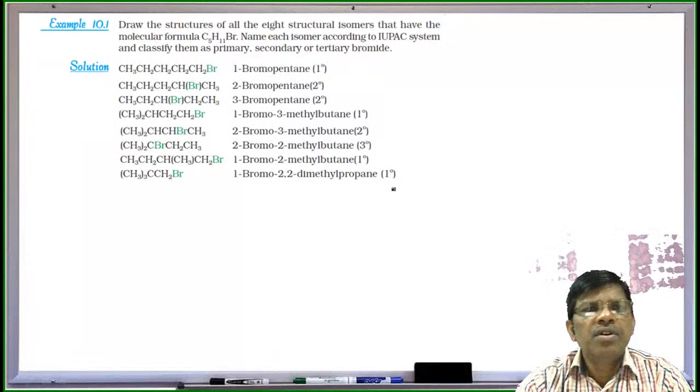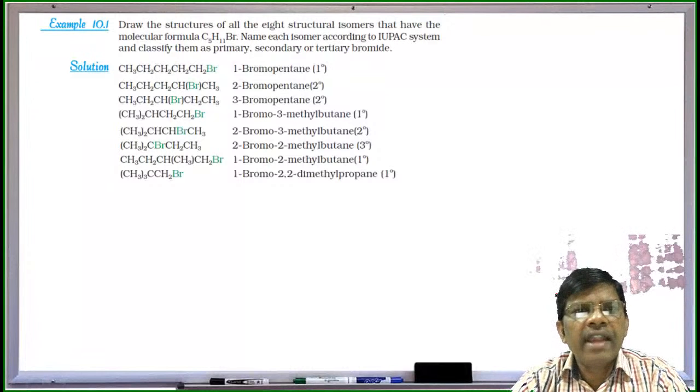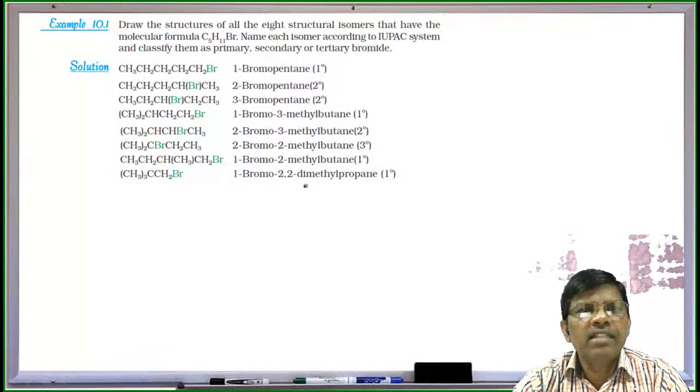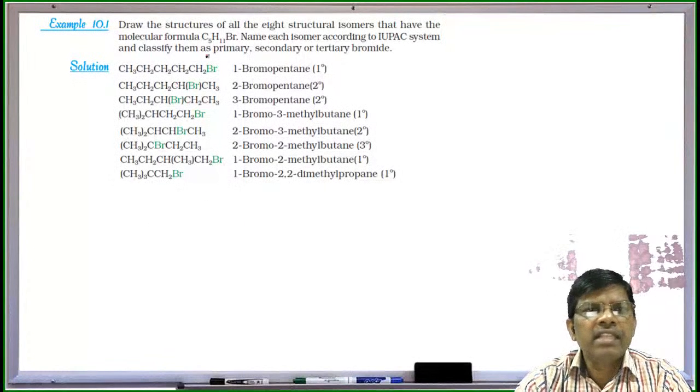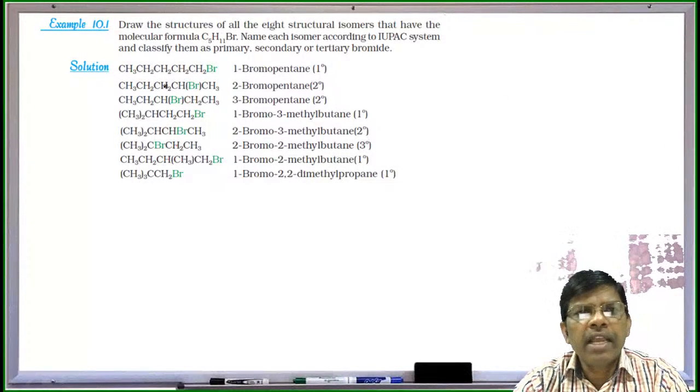When it comes to board exams, you will be asked to write the IUPAC names of these compounds. To practice, you can write like this, and you must be able to find the primary and secondary carbons.